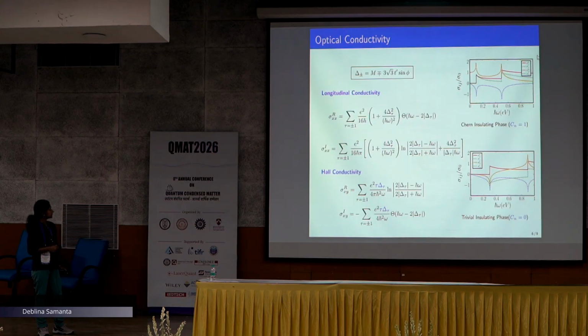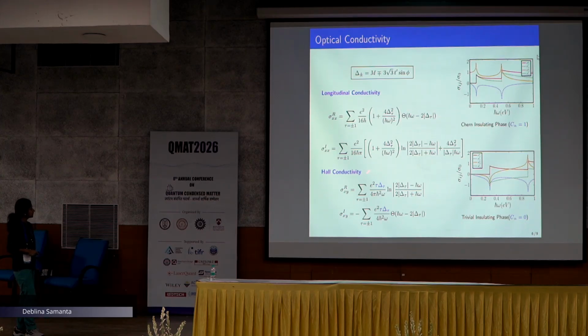We have calculated the optical conductivity for the Haldane model, and here you can see the expression for the longitudinal conductivity, real and imaginary part, and this is for the Hall conductivity, real and imaginary part. From the expression and also the plot, whether I am in the topological or trivial phase, the longitudinal conductivity does not depend on the sign change of delta tau, as it always appears as delta tau square or mod of delta tau.